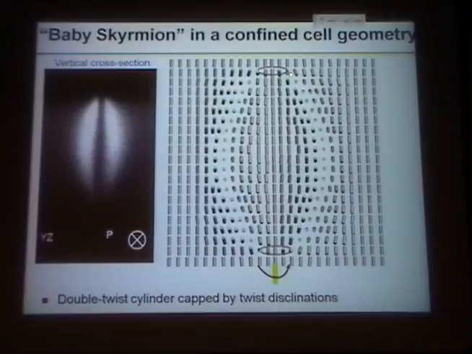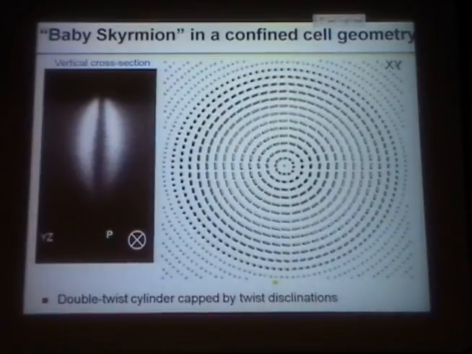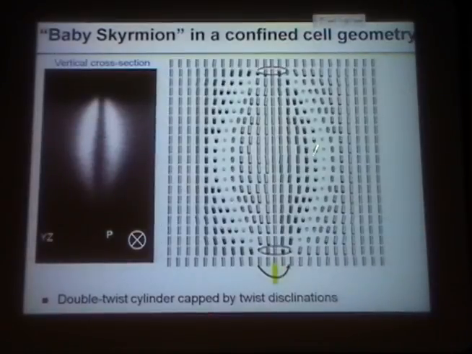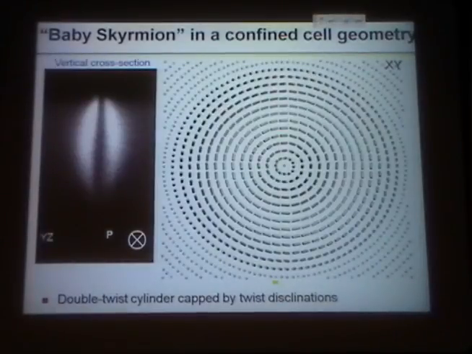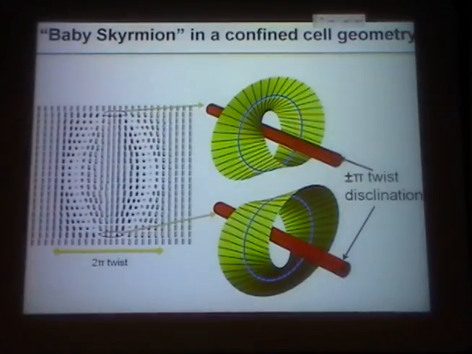And so this double twist cylinder is now matched to perpendicular boundary conditions by two disclination loops at the top and at the bottom. In the middle of the liquid crystal cell, however, we can see that the configuration is looking somewhat similar to what we observed before in the Toron case.